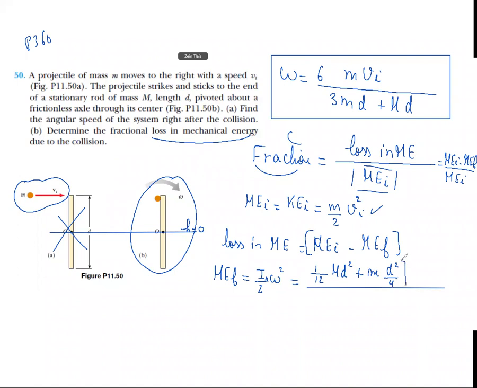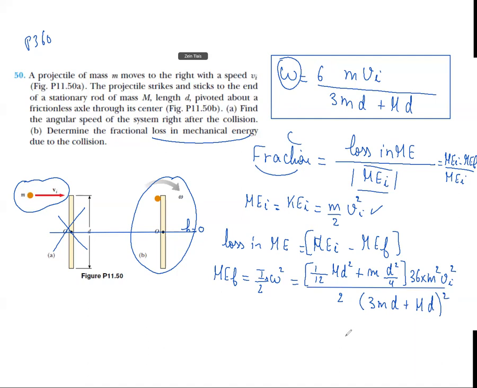This is the value of I_S, divided by 2 times omega square. Omega square, it means we have 36 times m square v initial square divided by (3 M D plus M D) square.